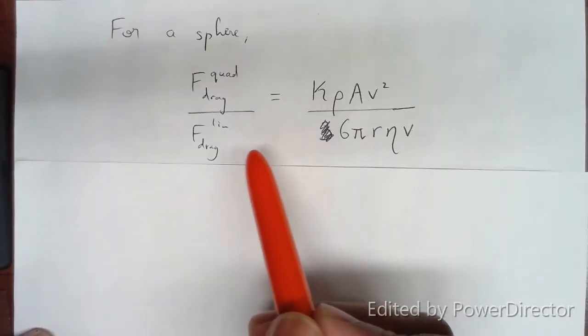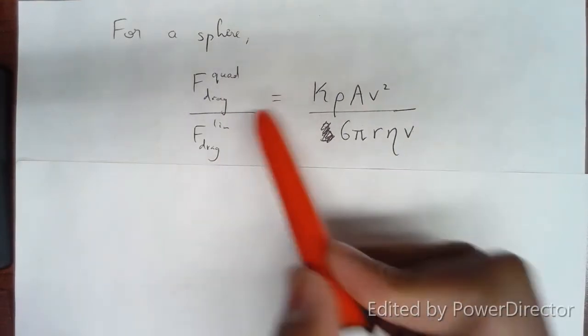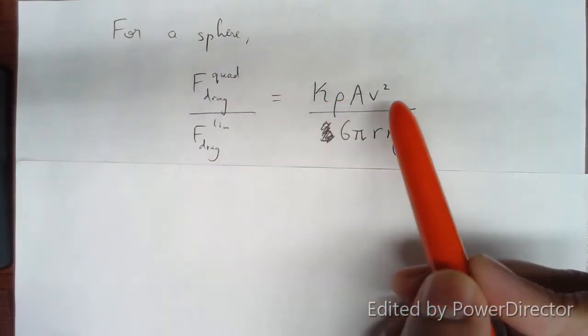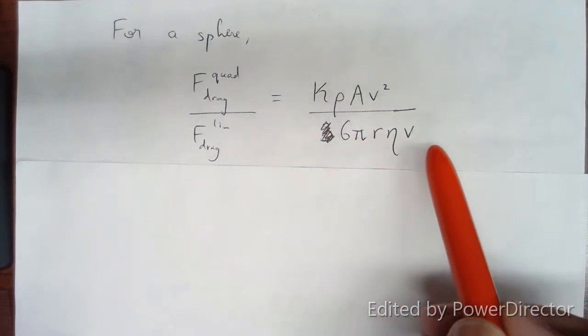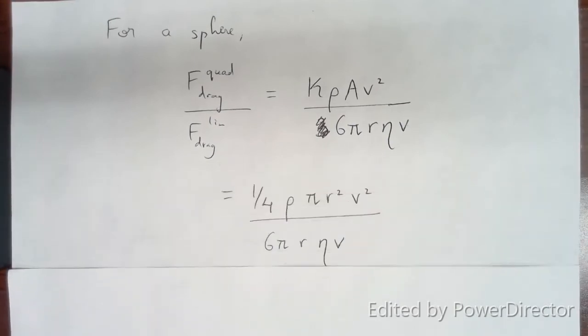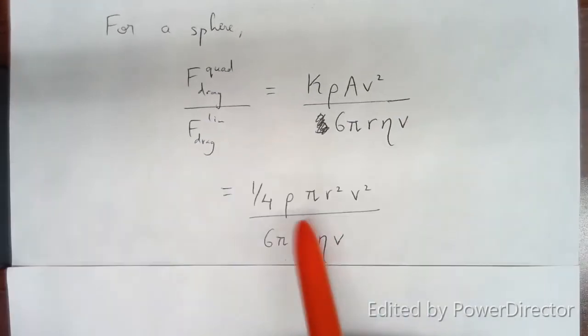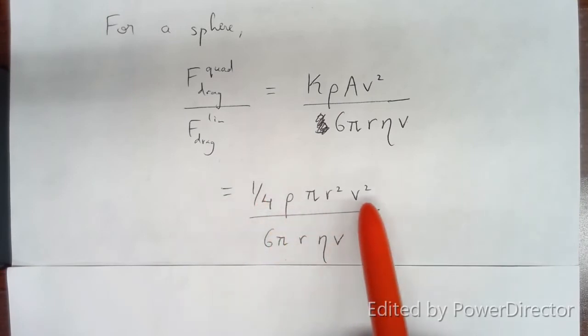And so for a sphere, we have expressions for both the quadratic drag and the linear drag. The quadratic drag is kappa rho A v squared. The linear drag is 6 pi r eta v. The ratio then simplifies, for the case of the sphere, to 1/4 rho pi r squared v squared.